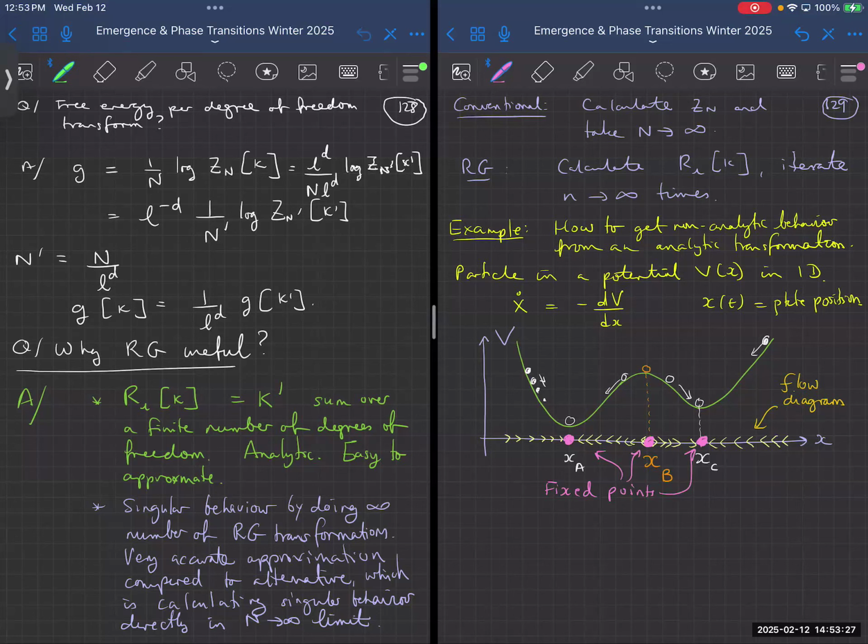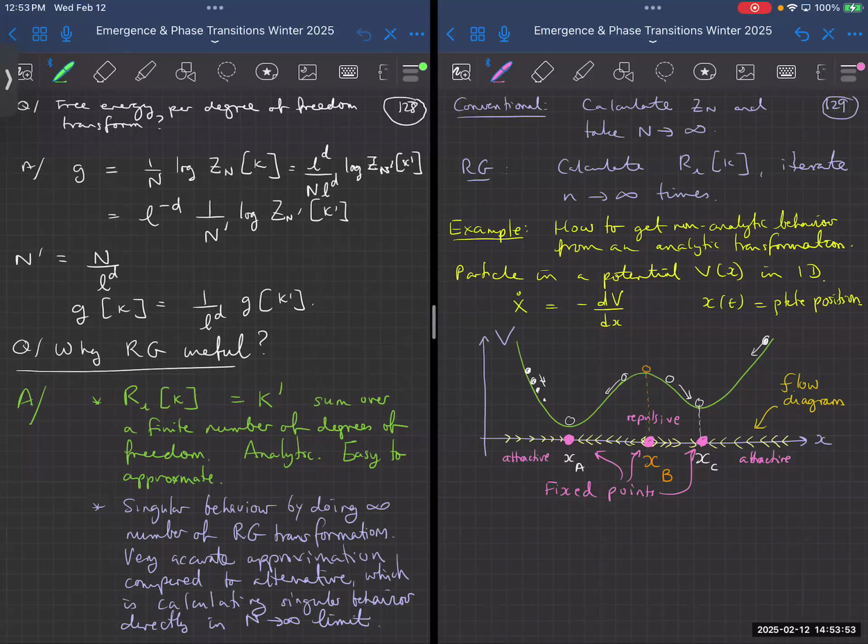And you can see that the fixed point at xb, the flows go away from it. The fixed points xa and xc, the flows go into it. And so we will call this an attractive fixed point. This one over here is a repulsive fixed point for obvious reasons.